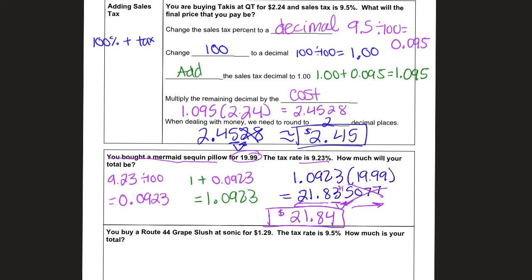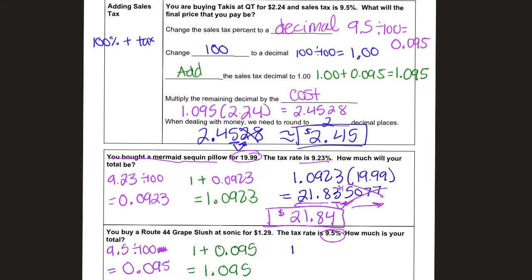Okay, let's walk through it. Change my percent to a decimal by dividing by 100. Okay, then I add it to 1, which is 1.095.